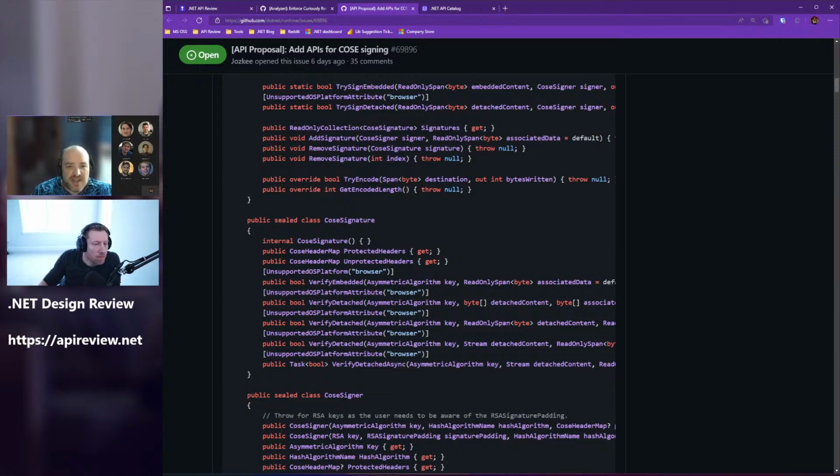Add signature also needs to have the byte array overload for associated data. Good point. The associated data modifications got done, I think, yesterday, so we missed some details. And adding and removing signer is always supported. It doesn't require any crypto stuff.